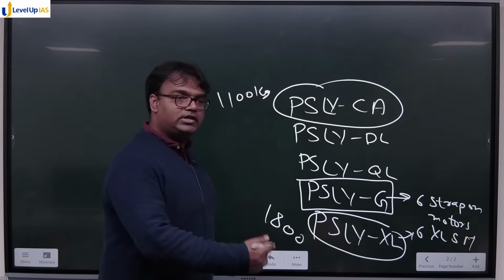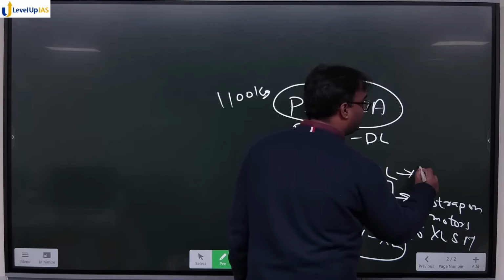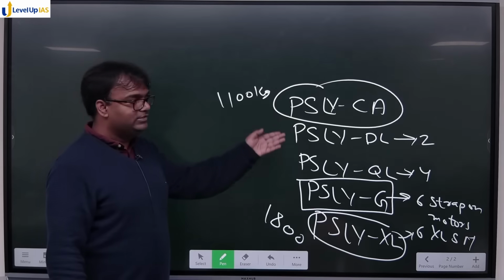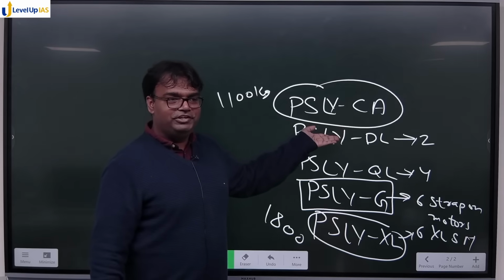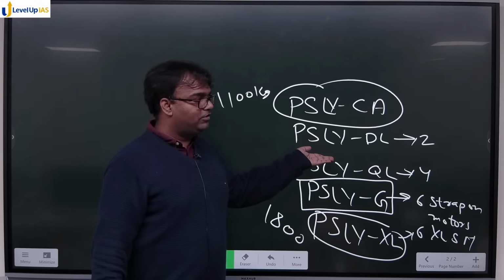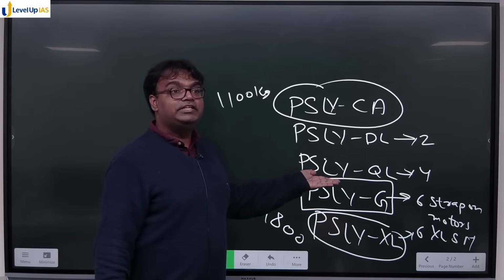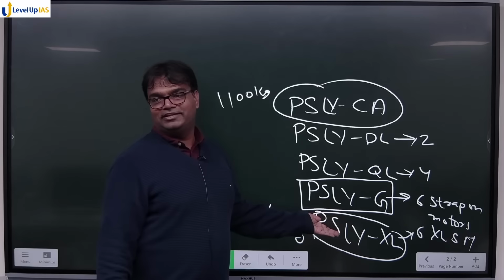PSLV QL has 4 strap-on motors, DL has 2 strap-on motors. So adding 2 extra motors gives PSLV DL, 4 extra motors PSLV QL, 6 extra motors PSLV G, and 6 extra large motors PSLV XL, which has the most capacity.